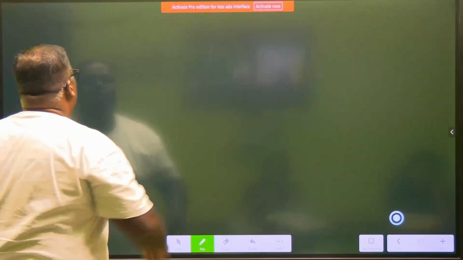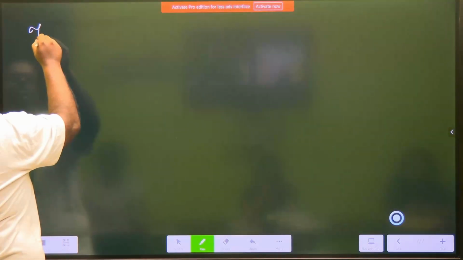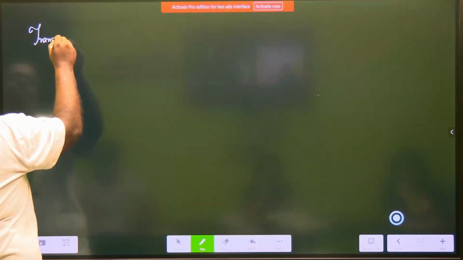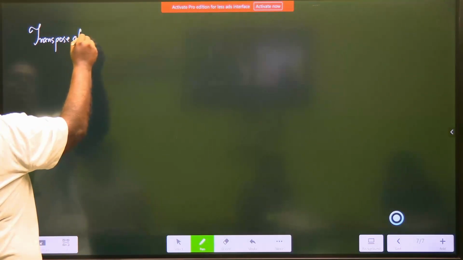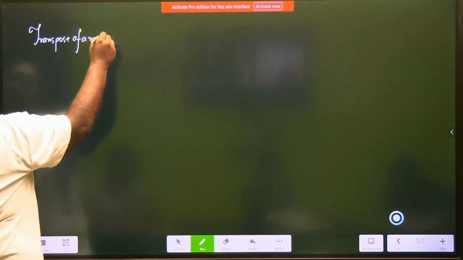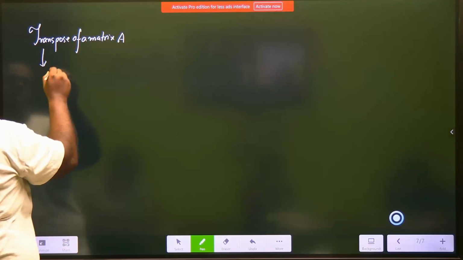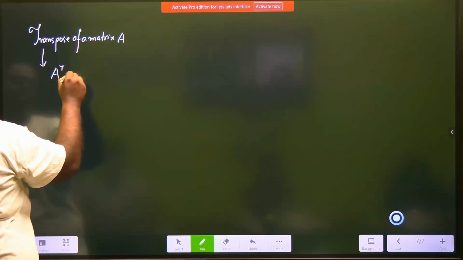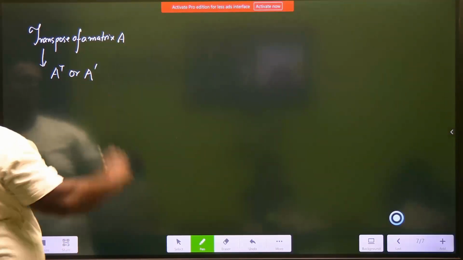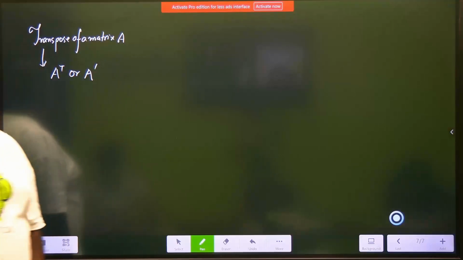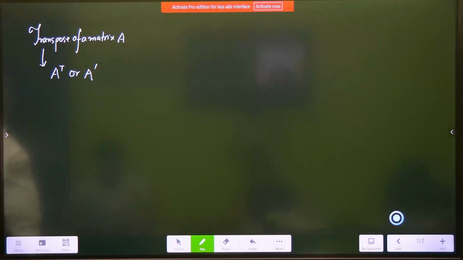Shall we? Our last topic of the day: Transpose. Transpose of a matrix A is denoted by A^T, or people write it as A complement. How do we write it? A^T or A complement.